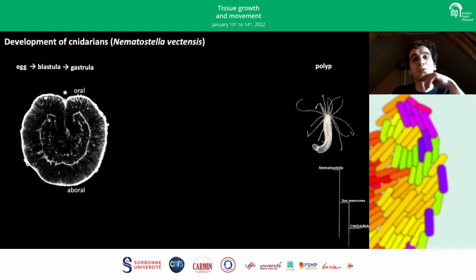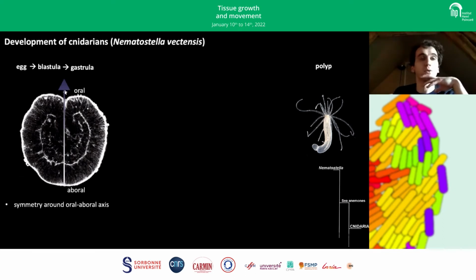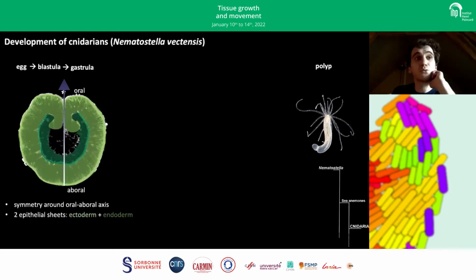At the end of gastrulation, the embryo acquires, let's say, its definite body plan. It has one axis of symmetry, the so-called oral-aboral axis. It's symmetric around this axis, and it has just two epithelial layers, which we call ectoderm and endoderm. This is a relatively simple organization of the body compared to us, bilaterians, or any vertebrates.